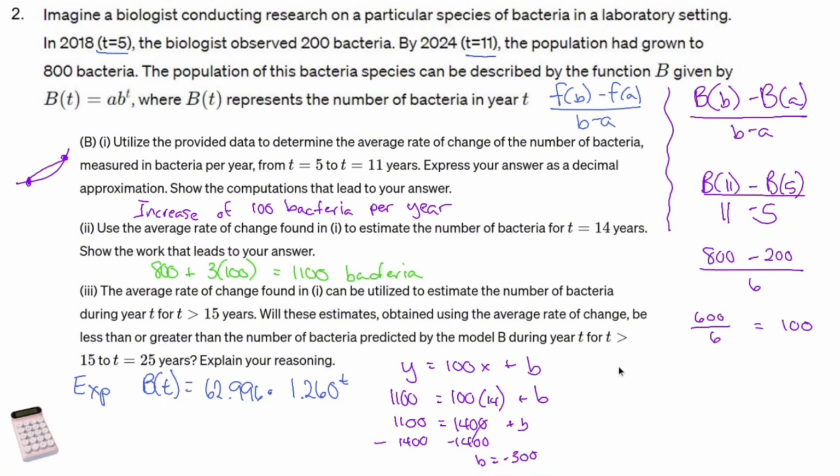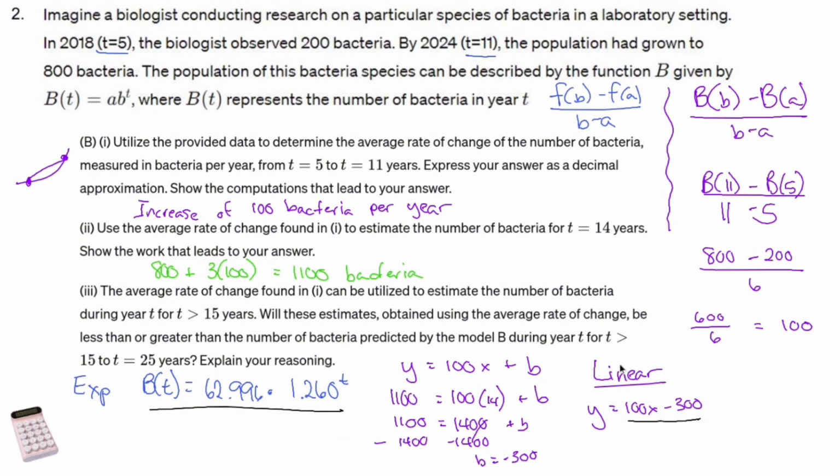So the linear equation that is supposed to do a good job predicting data after 15 years is going to be y equals 100x minus 300. So what I need to do is graph both of these on the same graph.